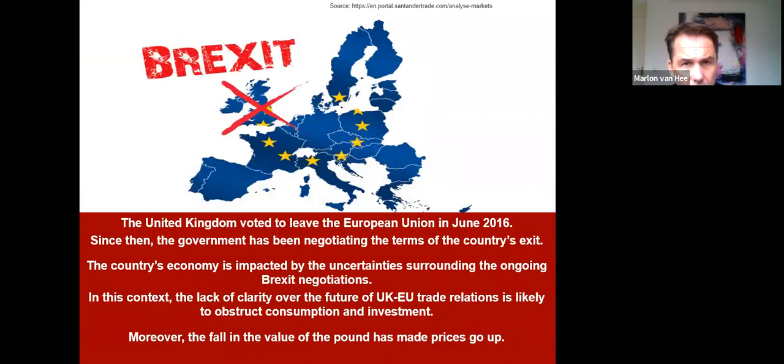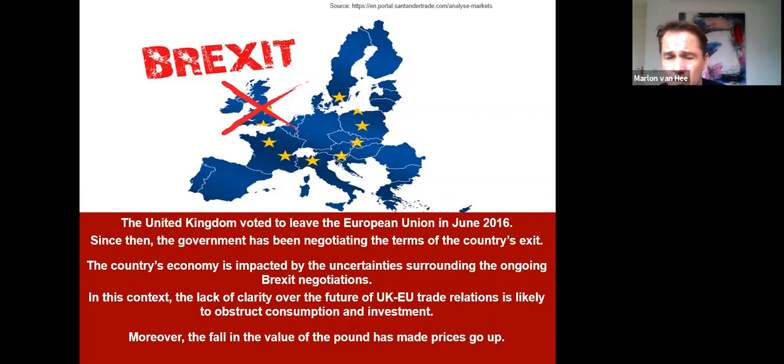Okay, then you might have heard of the word Brexit. That means that in 2016, the people from the United Kingdom voted to leave the European Union. They don't want to be part of it anymore. And since 2016, it's now like 4 years later, the UK national government and the European Union are still discussing about how the UK is going to exit, to leave the European Union.